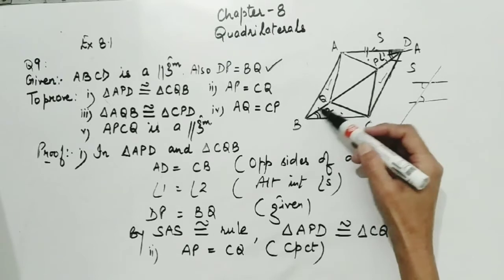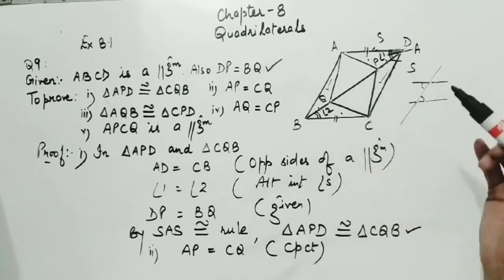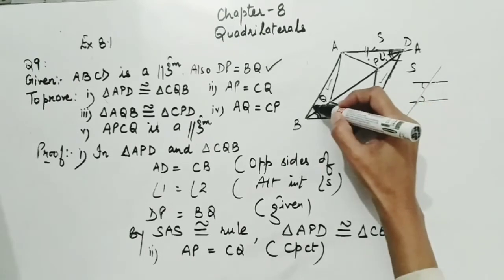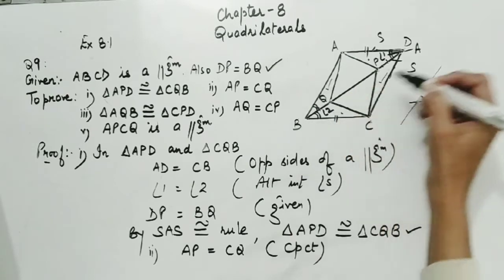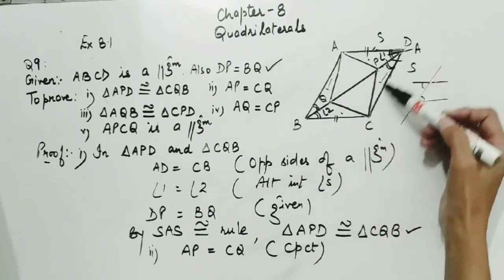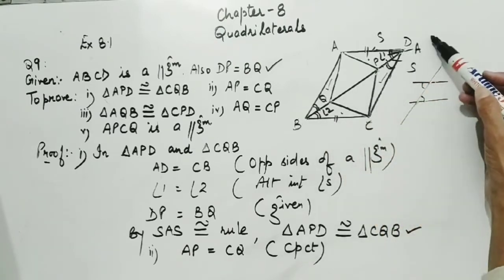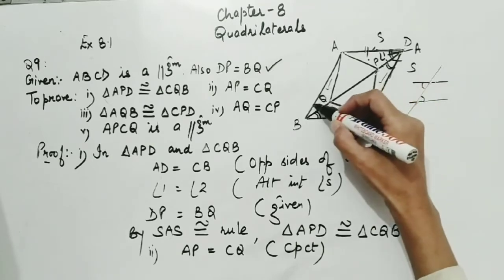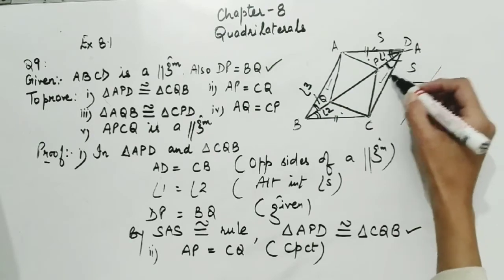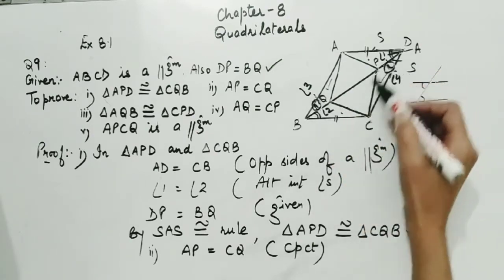Second, BQ and DP. This information is given. Third would be a pair of alternate interior angles again. Look at this. AB and CD are parallel and this is a transversal. So the angle over here, let this be angle 3, and the angle at this point, angle 4, are equal.